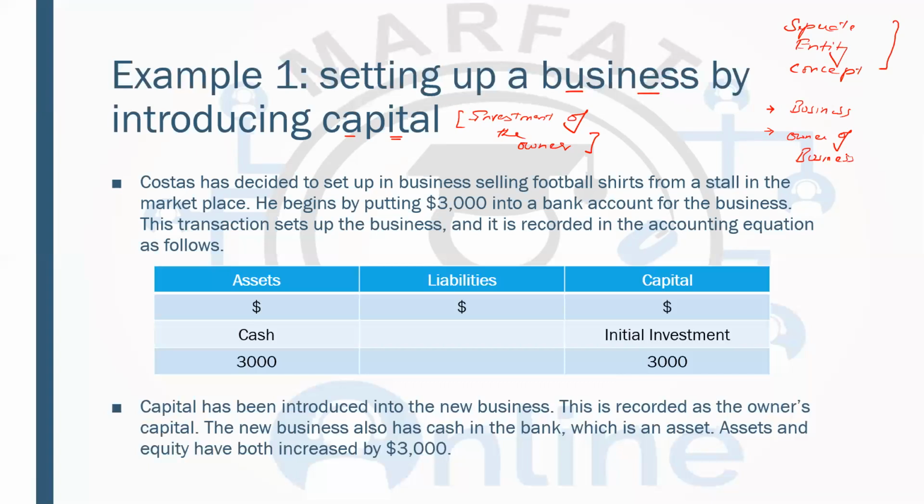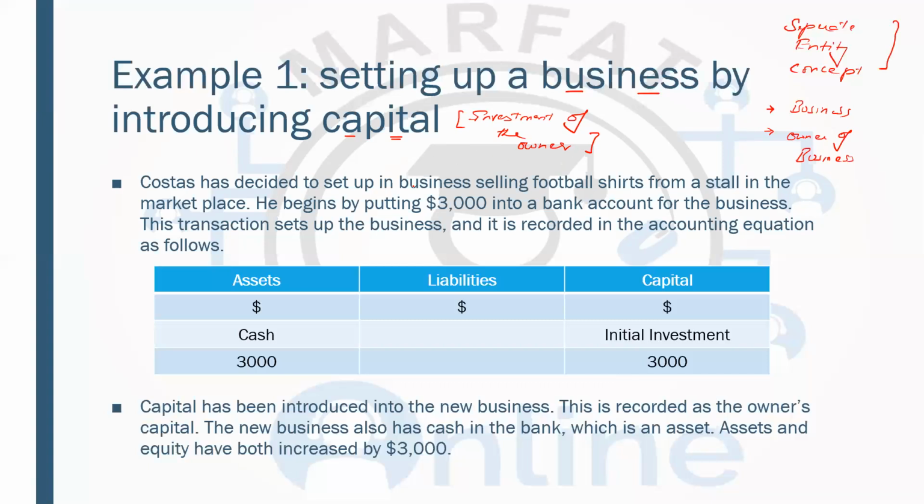Like if I have invested 100,000 in my business, because the business is considered to be a separate entity, then that means it is a liability of the business to return me that investment or to give me the returns on that investment. The business owes me that amount because I have invested that thing in the business. So this is the concept why you are recording everything, because of the separate entity concept. So if the owner of the business is investing in the business, this should be recorded.